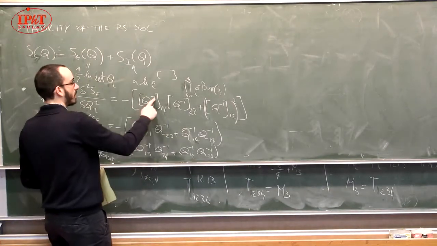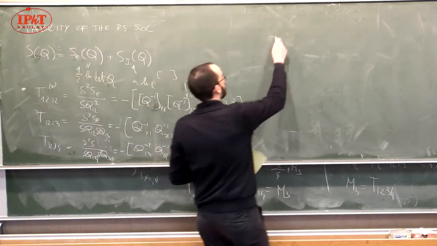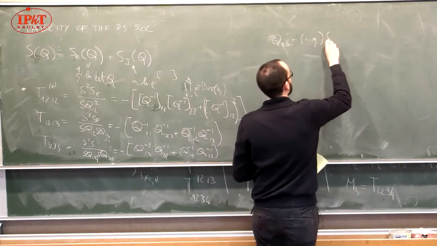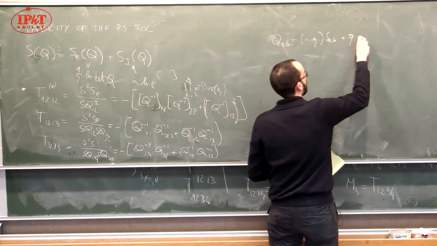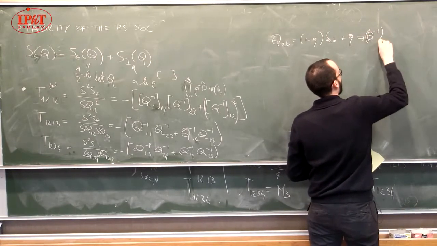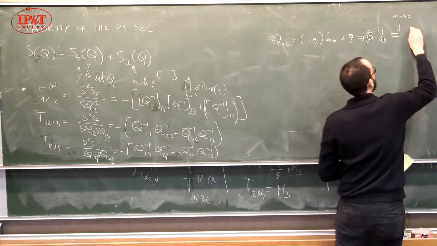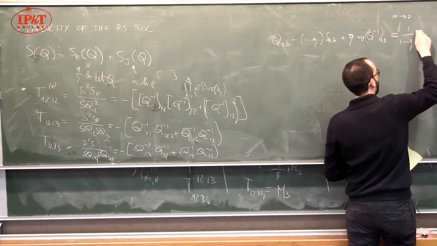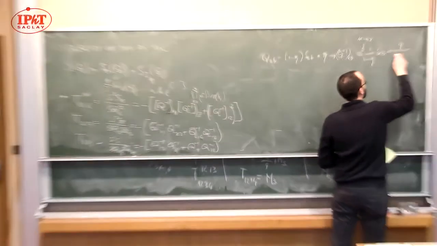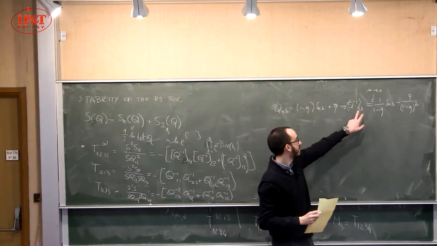So Q minus 1 should be the inverse of the replica symmetric matrix. So if you have Q_AB, that is (1 minus q) delta_AB plus q, then Q minus 1_AB, for n to 0, is just 1 over 1 minus q delta_AB minus q over (1 minus q) squared.